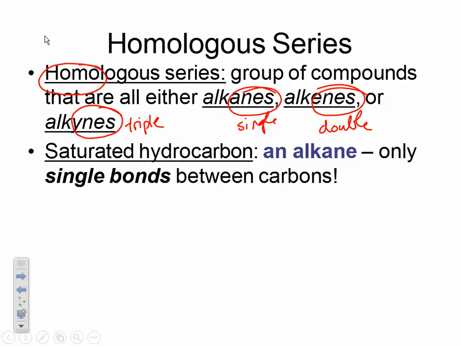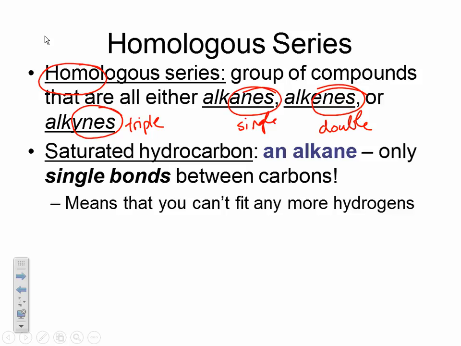In the case of hydrocarbons, we're not talking about solute and solvent anymore, but about hydrogens. If your carbon chain is all single bonded, it means that you have the maximum amount of hydrogens connected to the carbons that you possibly can. In order to have a double bond or triple bond, you actually remove hydrogens from your hydrocarbon.